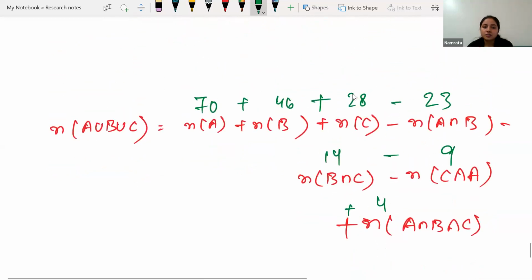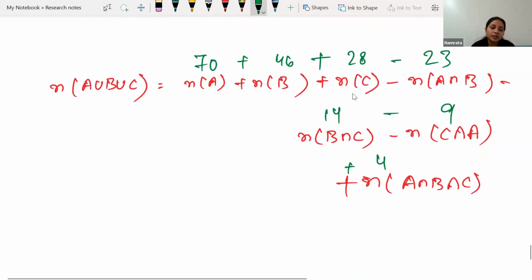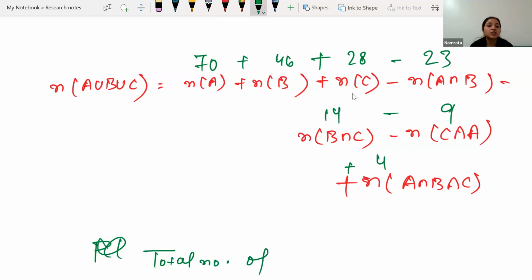Can you do the calculation quickly and let me know what you are getting? Total number of students is... Let me know the calculation: 70 plus 46 plus 28 minus 23 minus 14 minus 9 plus 4. Let me know what exactly you are getting.